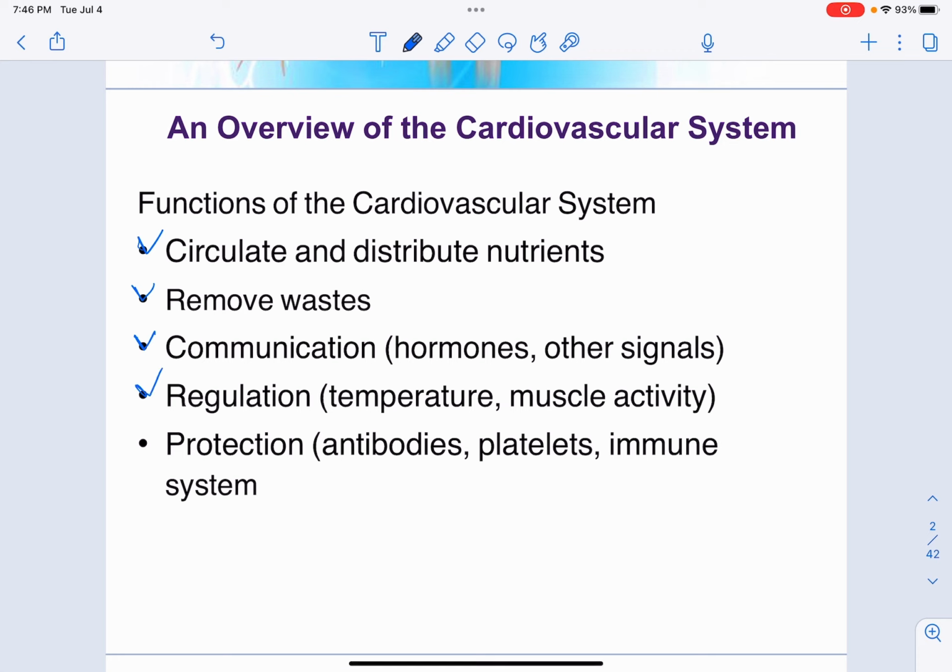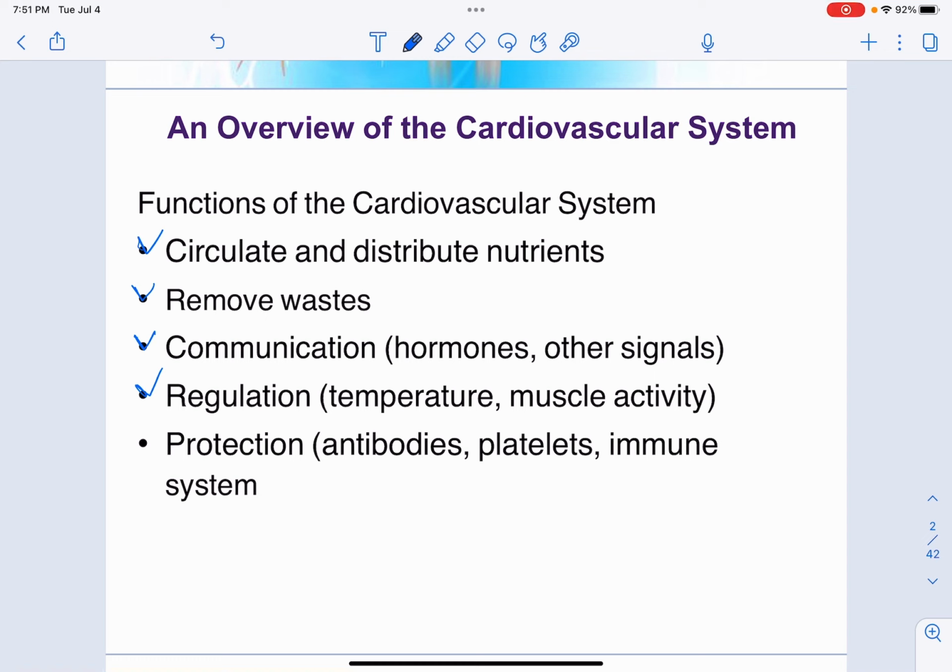And then finally, the cardiovascular system is in partnership with your lymphatic system as well as your immune system to distribute, for instance, antibodies in case of an infection, or circulate white blood cells to deal with pathogens or infections. Also to distribute platelets to stop bleeding. So there's lots of functions here, and you are actually going to cover a lot of these functions in greater detail when you take a physiology course.